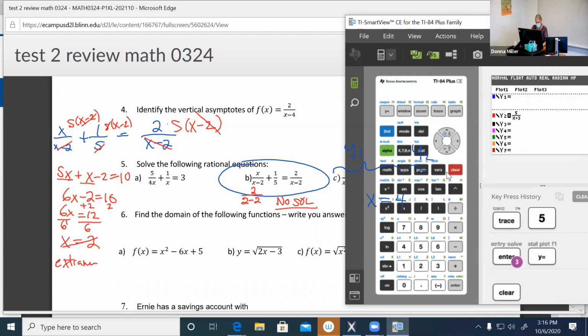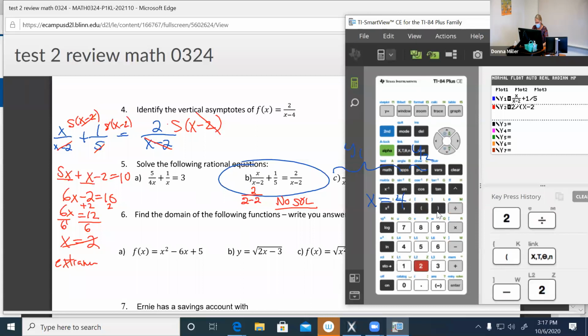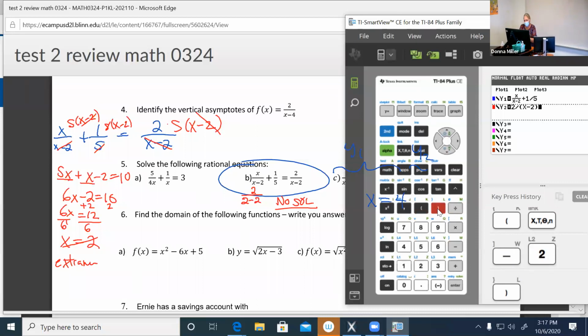So the one side is x over x minus 2 plus 1 fifth. I'm just going to type it like that. And the other side is 2 over x minus 2. If I have an 83, I type it this way, 2 over x minus 2, in parentheses. If you have an 83, you got to put the top and bottom in parentheses. All right, so graph it.